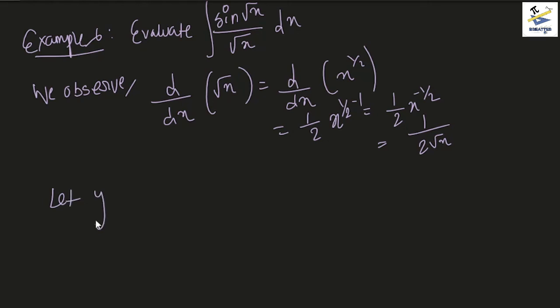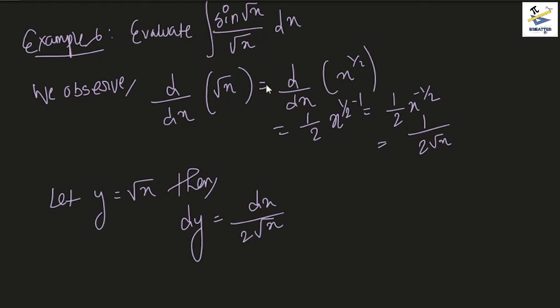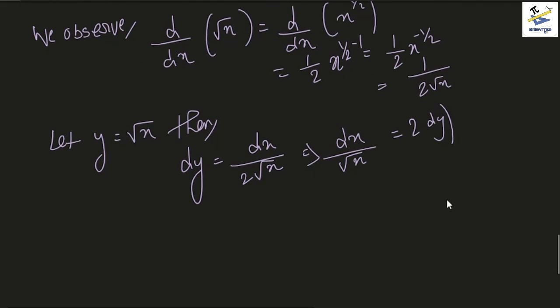Let y equals to root x, then dy should be equal to dx by 2 root x, right? But we see dx by root x is also present, so what we get from this equation is dx by root x should be equal to 2 dy, and we can absolutely put this to get the integral as I equals to the integral of sine of y, because root x is y, into 2 dy.